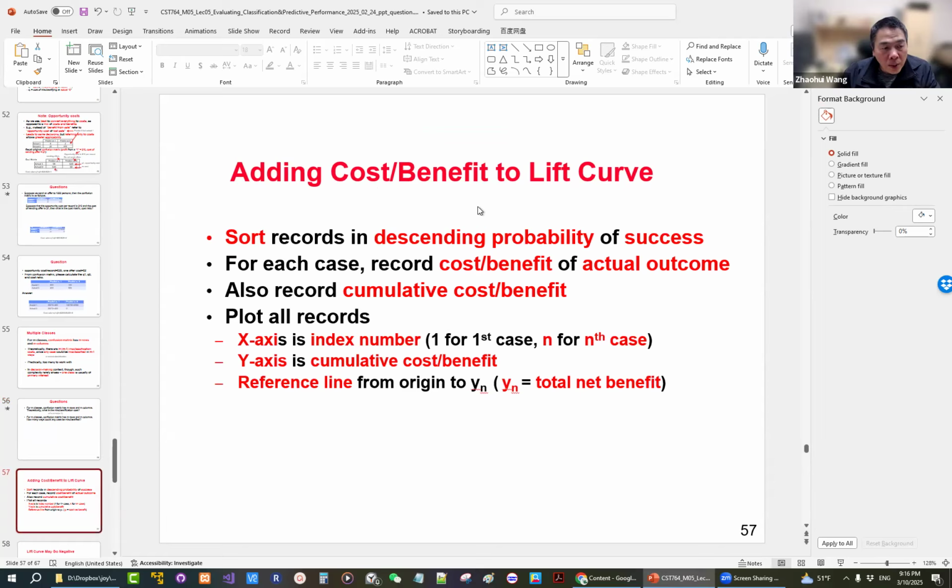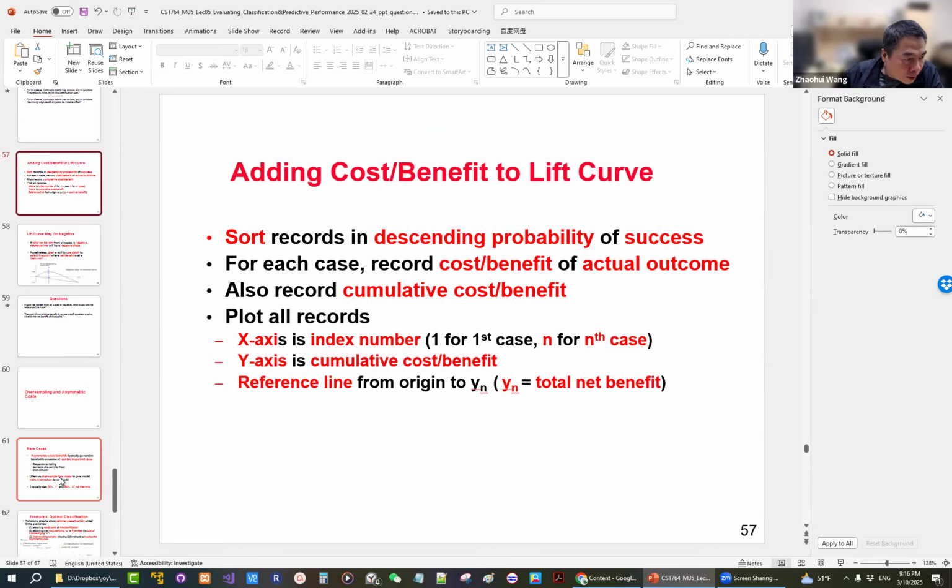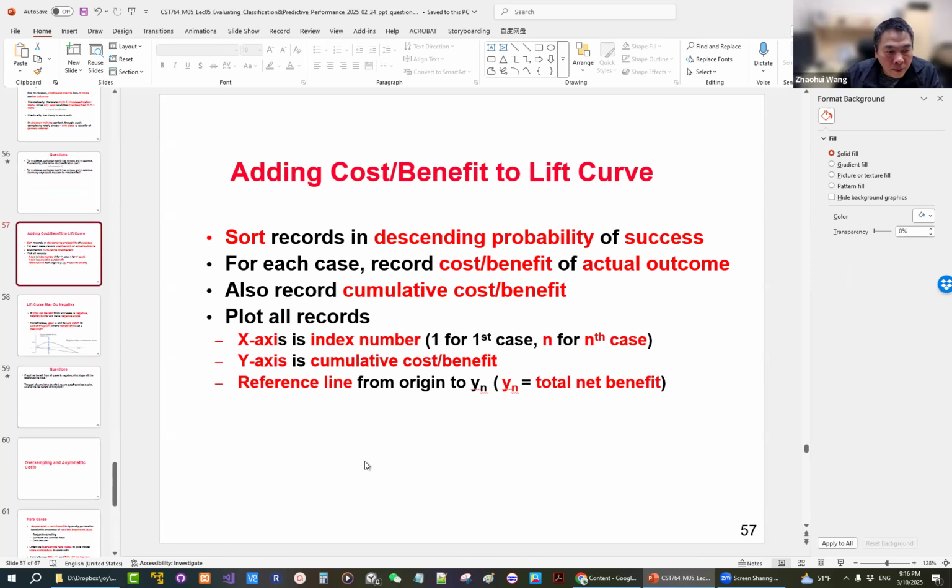We can add the cost benefit to the lift chart. We sort the records in descending order of probability of success.